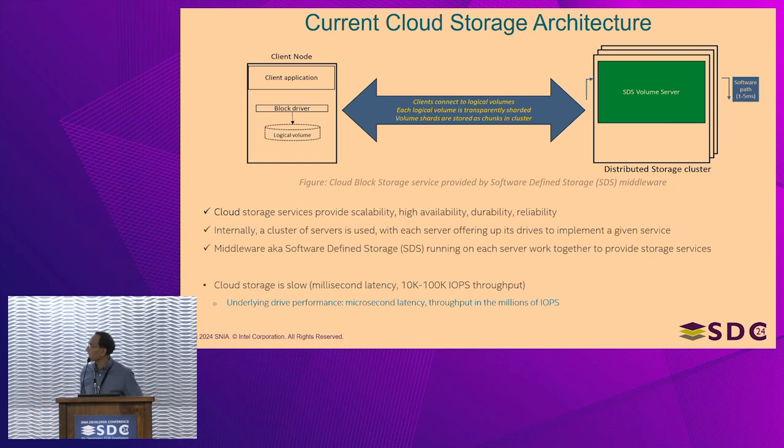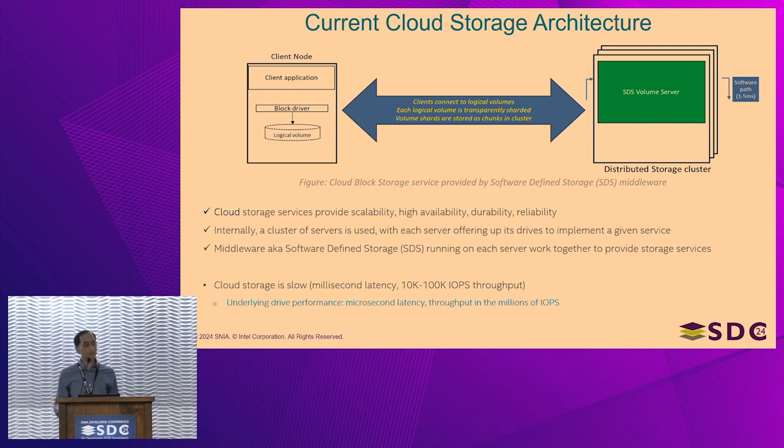So this is the background. Cloud storage services are popular, becoming used all over because they provide infinite scaling. They provide guarantees around high availability, durability, reliability, and this is offered internally by a cluster of servers that work together, where each server offers up its resources, like drives, for instance, to implement a given service.